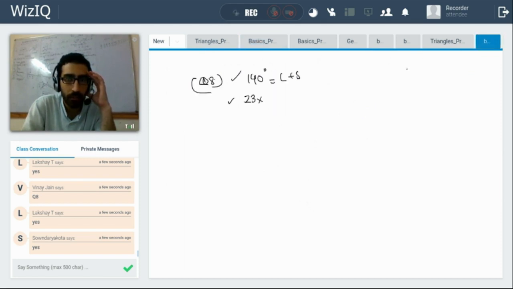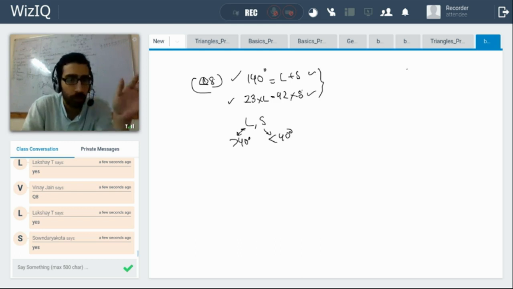You have two equations, two variables. Use this to get the values of largest and smallest, and your answer will be correct if the largest angle is indeed greater than 40 and the smallest angle is indeed less than 40.